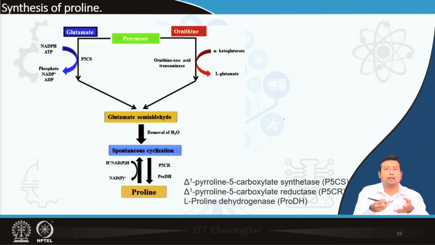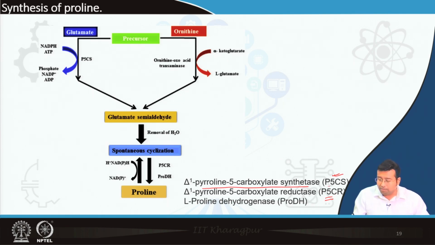So, you can see it is first acted upon by the enzyme delta 1 pyrroline 5 carboxylate synthetase. This is a big intermediate, abbreviated as P5CS, and in a similar step this compound will be reduced as well.